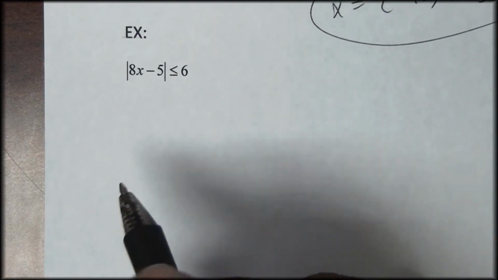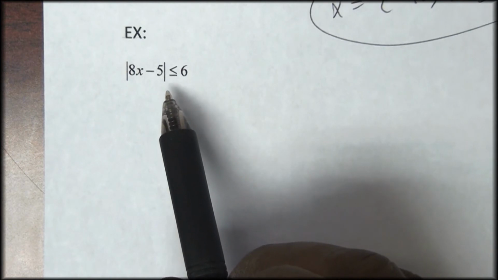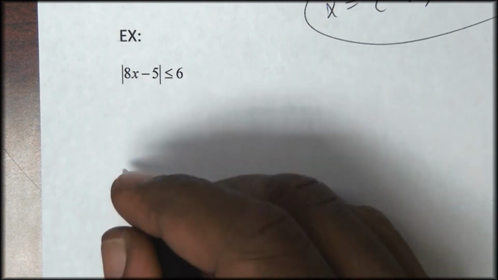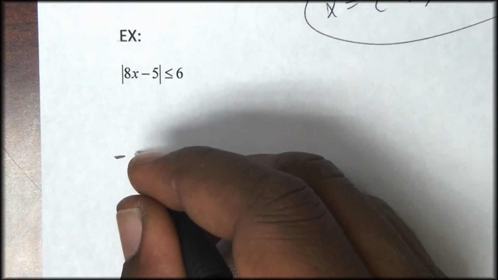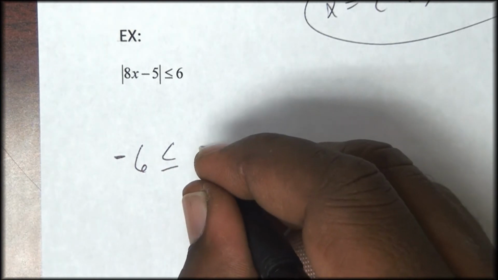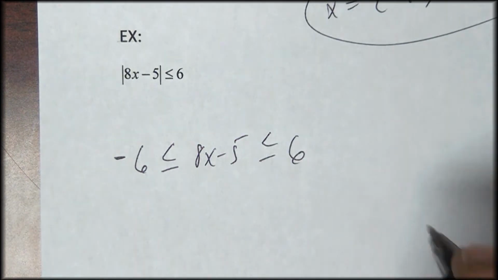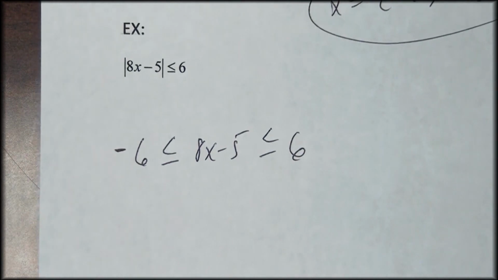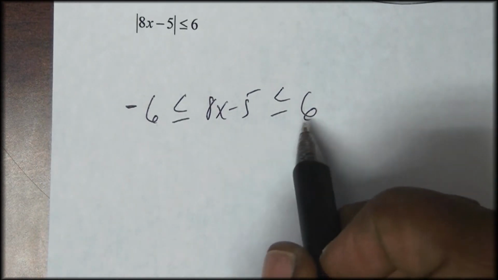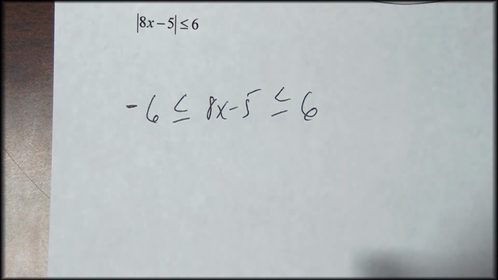Next, we'll solve the absolute value less than inequality. So our formula says that we will set it up as negative 6 is less than or equal to 8x minus 5 is less than or equal to positive 6. This is a compound inequality, so we'll work it from the inside out and we'll isolate x within our inequalities.